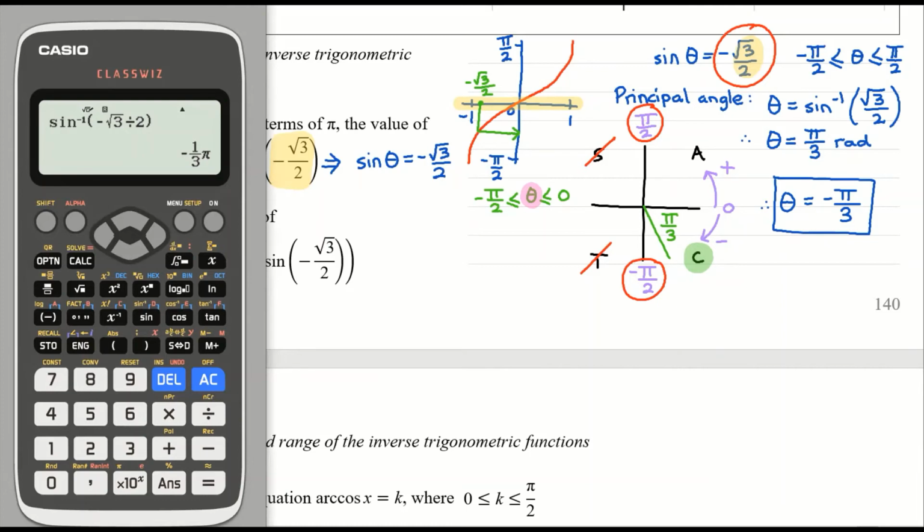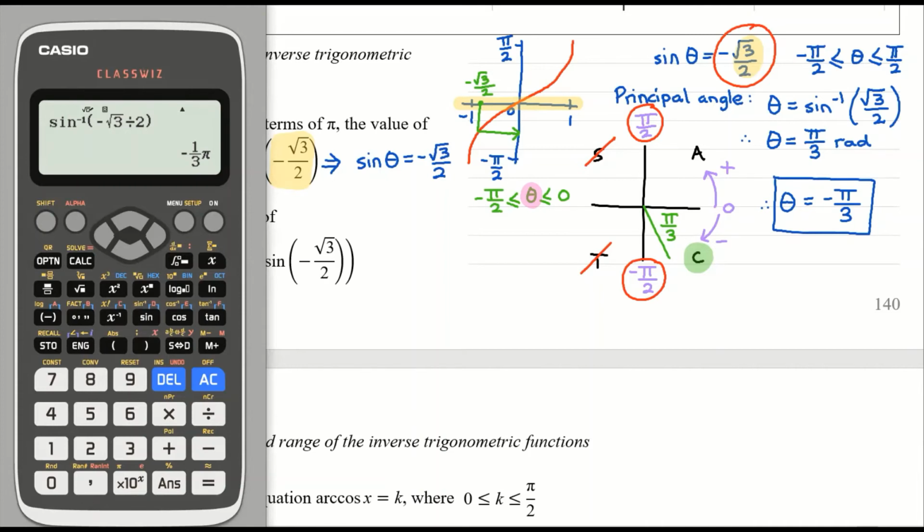What you need to make sure, though, is when you're doing the inverse sine or the inverse cos or the inverse tan, you need to be mindful of the range, okay? The range of the function, arcsine, arccos, and arctan. You can only work within that range because that is the only range where the inverse function is valid.